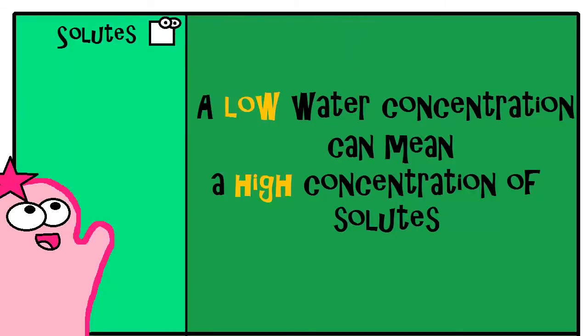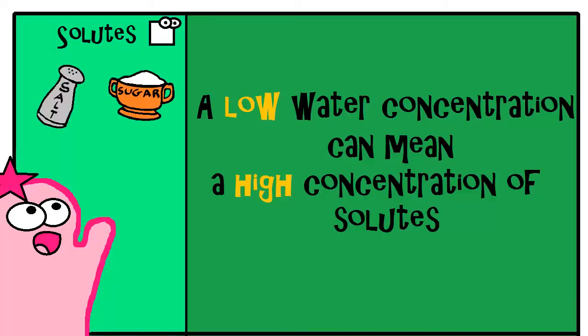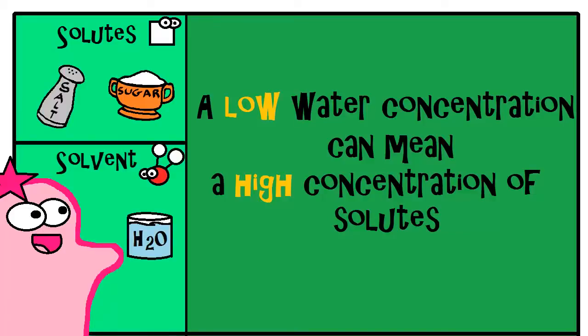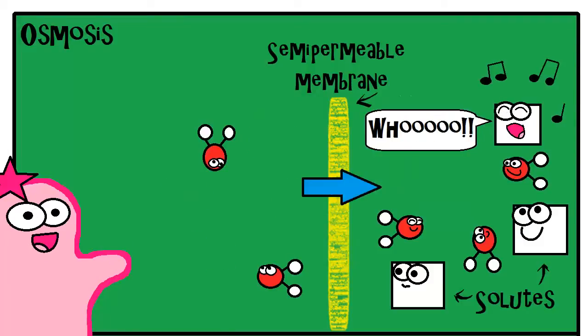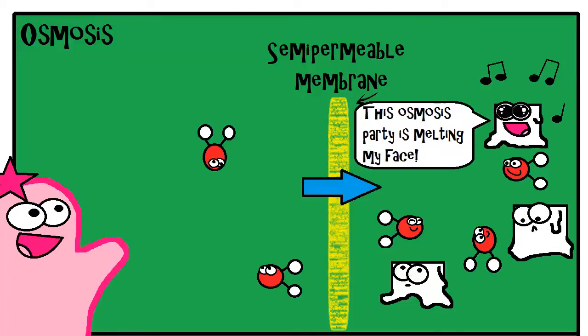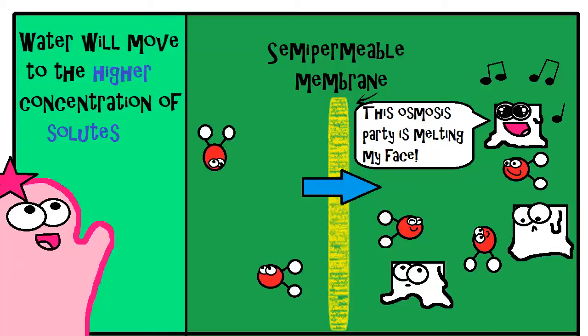Solutes are substances like salt or sugar that can be dissolved within a solvent, like water. Water has the tendency to move to areas where there is a high solute concentration, which means there's less water concentration. So if you want to easily figure out where the water will travel, look to the side where there is a greater solute concentration.